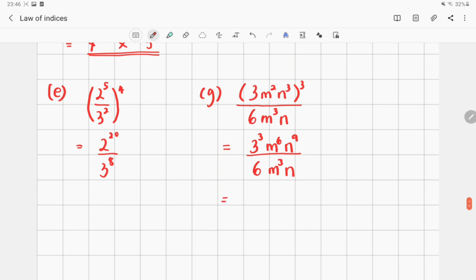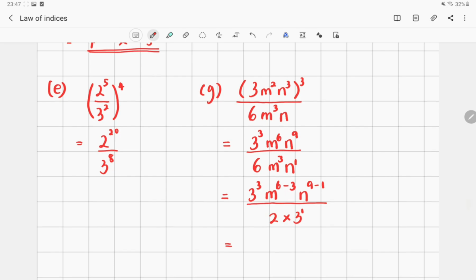So how to simplify it? It will be 3 to the power of 3, and then m to the power of 6 minus 3, because at the denominator you have m to the power of 3. And then n to the power of 9 minus 1, because n is to the power of 1. Over, now we want to simplify, so we separate 2 and 3. 2 times 3 is 6. Because now we can simplify here, this one 3 to the power of 1.